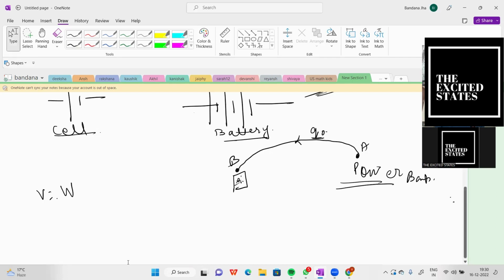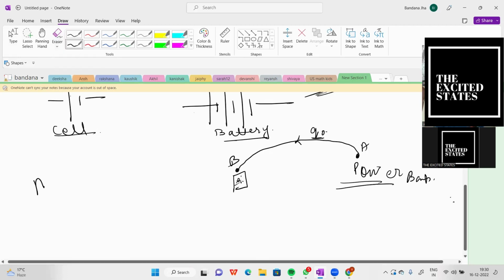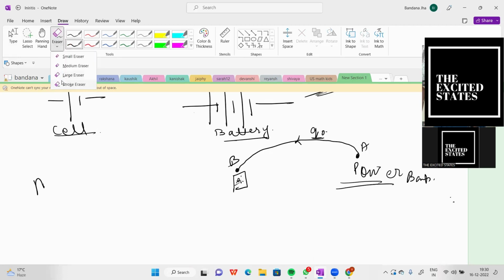If I say what is the potential difference between A and B, I will explain how much work we are doing from A to B, that is from power bank to mobile phone.